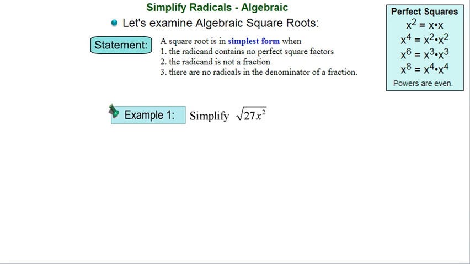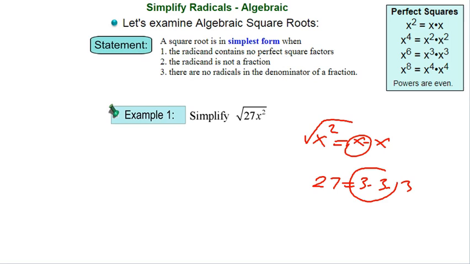We know that x squared can be written as x times x, so if I take the square root of x squared, I'm going to get just x. Then 27 can be written as 3 times 3 times 3. I come across the first pair of the same numbers as a product, so 3 times 3 is 9, and the square root of 9 is 3.